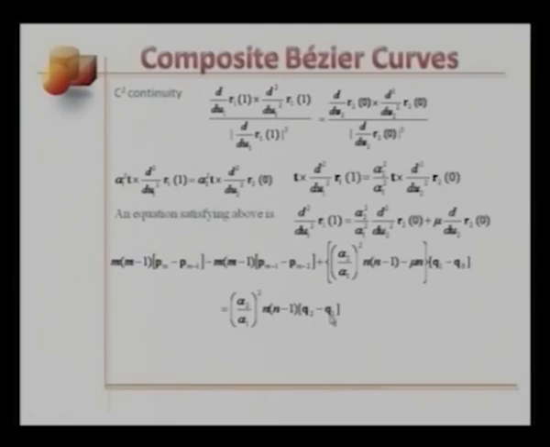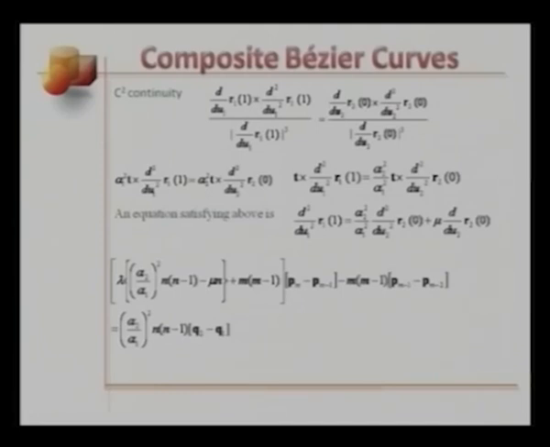If you go back to your figure, you will realize that these are free vectors joined head to tail in the vicinity of the junction point. We rearrange this further in terms of three vectors here. The first free vector is P_m minus P_{m-1}. The second free vector is P_{m-1} minus P_{m-2}. And the third free vector is Q2 minus Q1. Notice that I am also using C0 and C1 continuity conditions to get this equation.